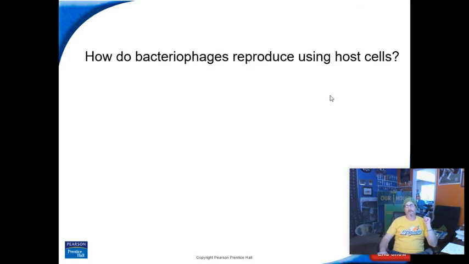How do bacteriophages reproduce using host cells? If you can't remember, take a look at number 12. Yeah, so they basically use the cell's machinery, its organelles, the workers, if you will, inside the cell.